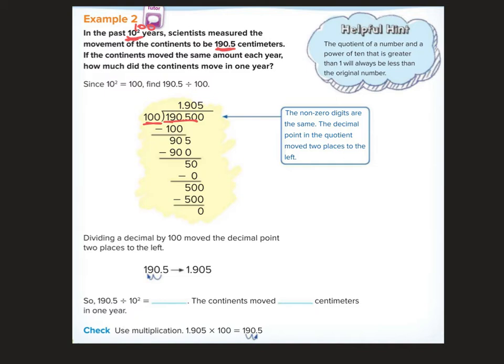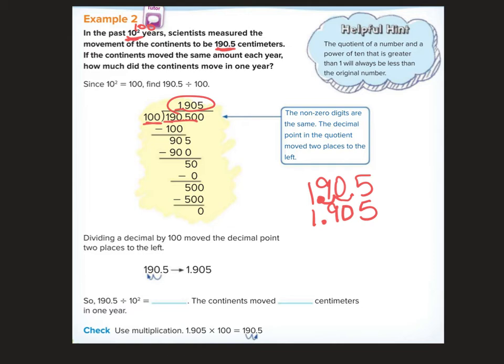Our first option is we could just divide it out. But again, look, 190 and 5/10, and our final answer was 1 and 905 thousandths. So all I did is I moved my decimal 2 spots to the left. My answer went from 190 down to 1.